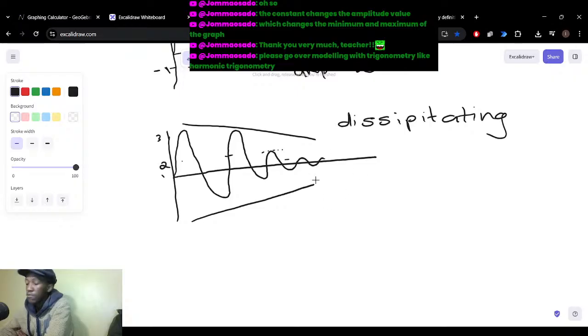The amplitude is not decreasing. So what is the amplitude of this function? We're going to use our definition, that is half the distance between the highest and the minimum point, right? So in this case, the highest is 3, for this graph, né?